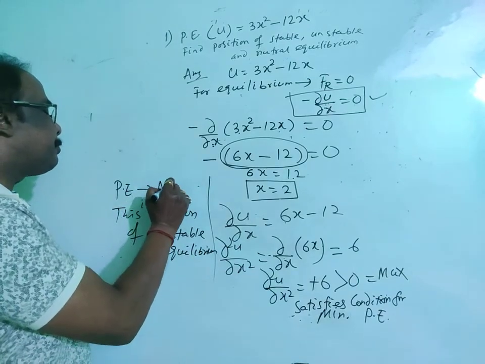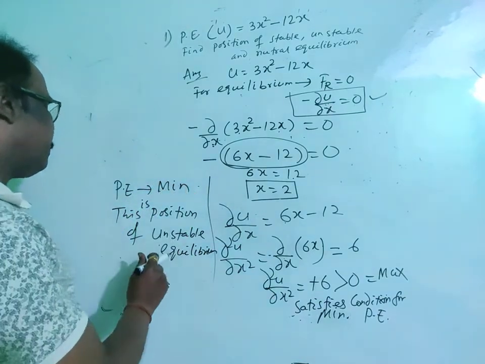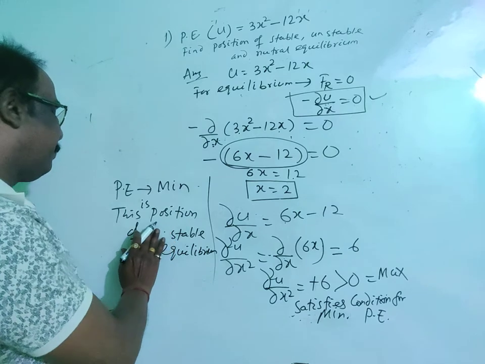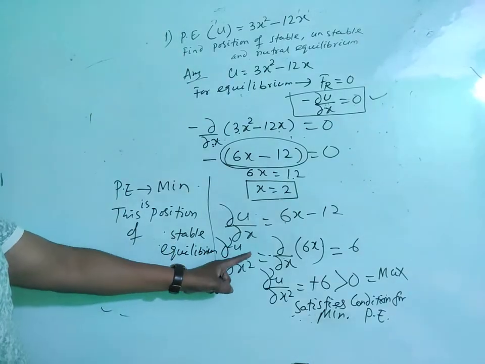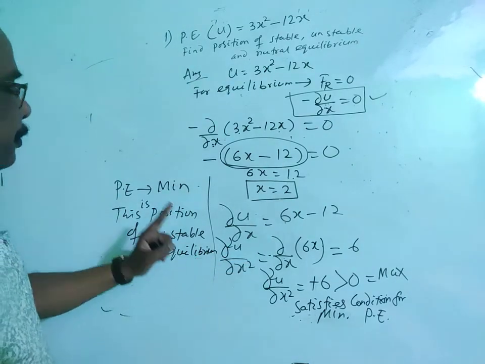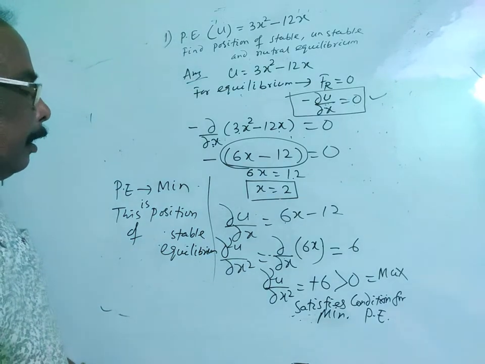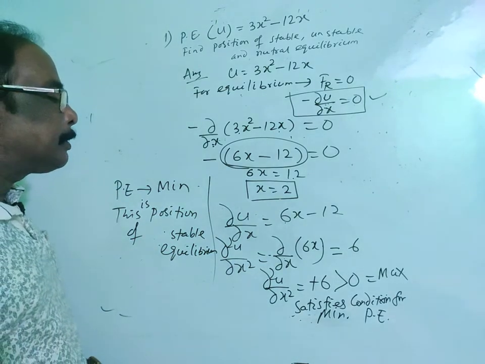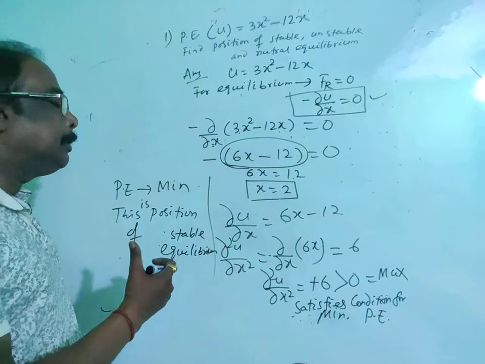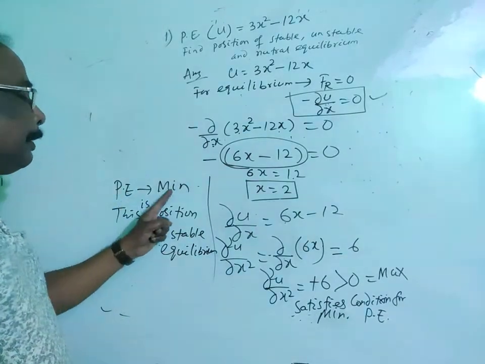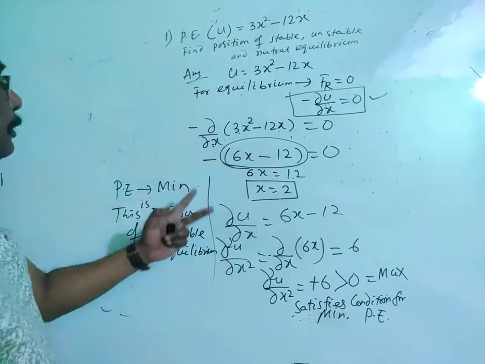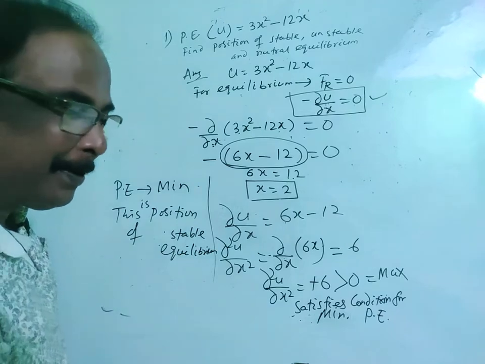I was right, minimum. This satisfies the condition of stable equilibrium. This is minima. Minima means stable equilibrium.